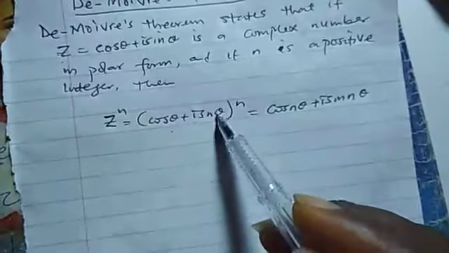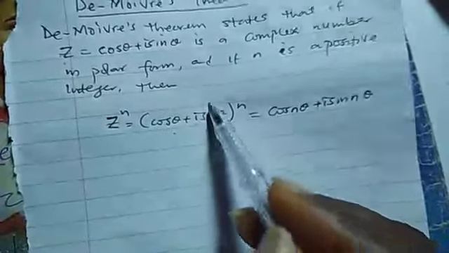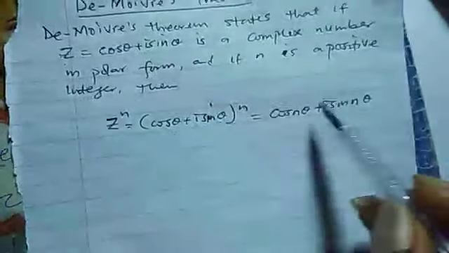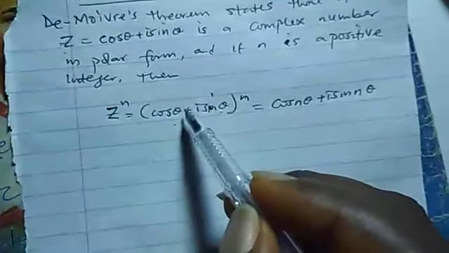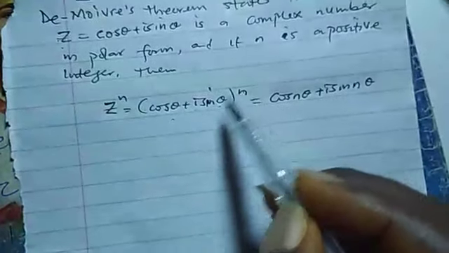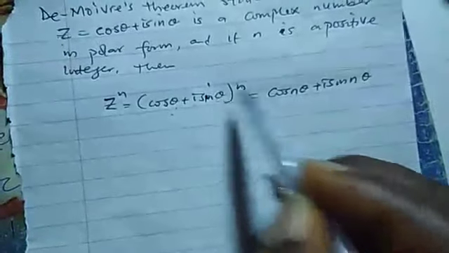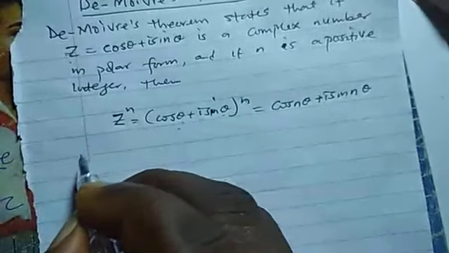What that means is that if you are finding (cos θ + i sin θ) raised to power n, then instead of making any silly or stressful expansion, you can just bring down the n to the θ and the n to the θ. That is what De Moivre's theorem says.